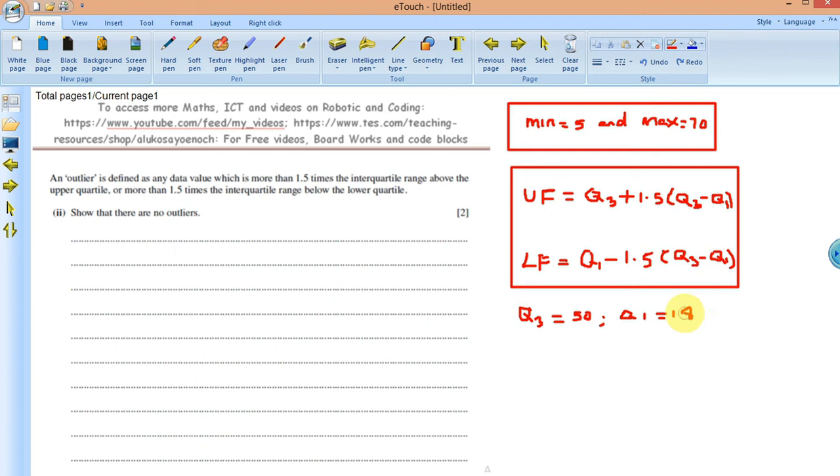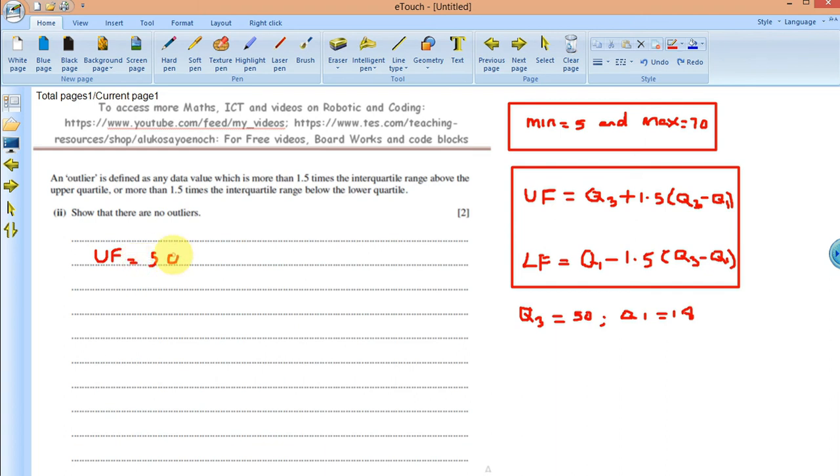Okay, so for the upper fence now, we are going to have 50 plus 1.5 into the difference of Q3 and Q1.